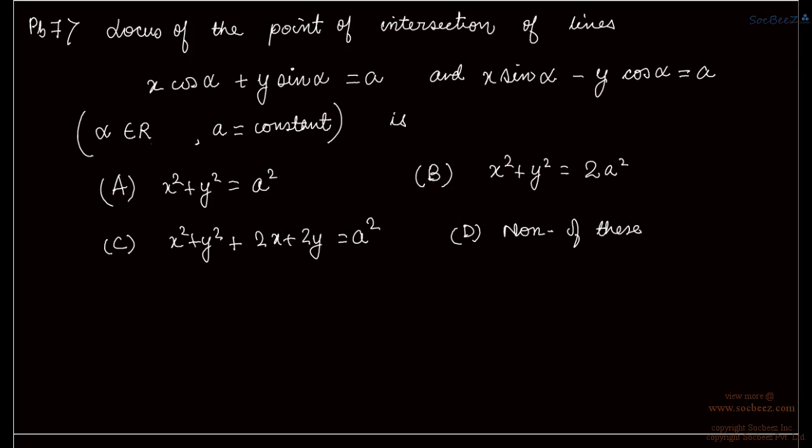First we have to find the coordinate of intersection of this line and this line. The coordinate of intersection will be in terms of cos alpha and sin alpha. From there we will eliminate cos alpha and sin alpha, that is alpha, to get the locus.